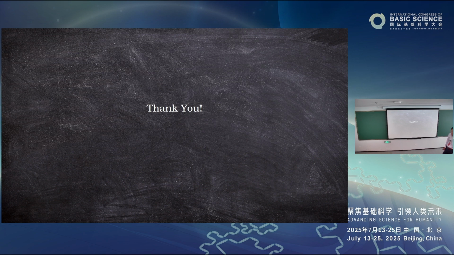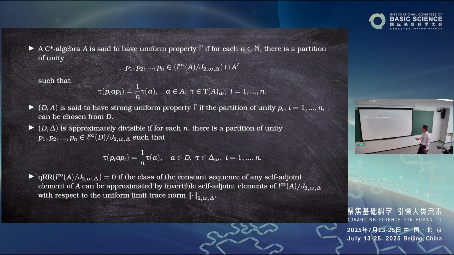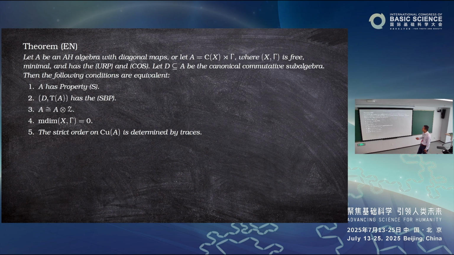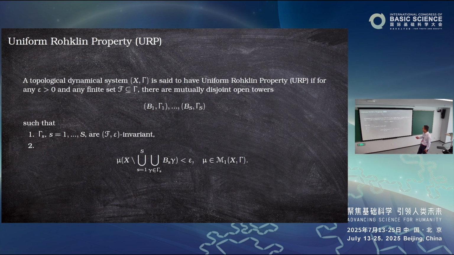Any idea how you use the uniform Rokhlin property to reduce to the case of matrix algebras? Let me see if I can find the slide. Yeah, this.